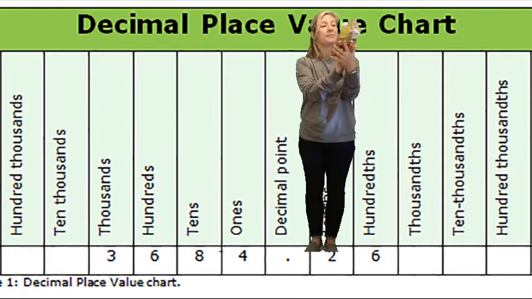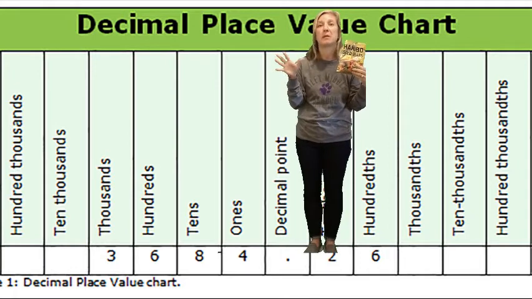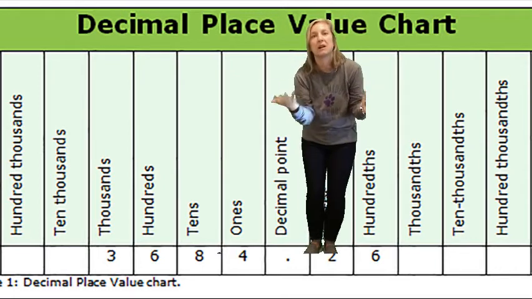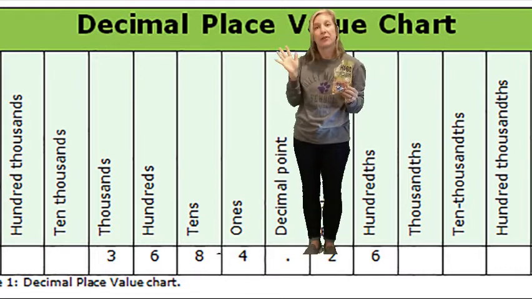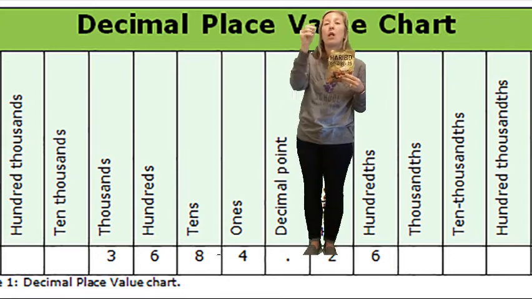This bag, I don't know how many it has. It probably has about 60 to 80 gummy bears. Can you imagine how much 3,000 gummy bears looks like? Oh my gosh, that's my dream. However, that means 3,000 whole gummy bears.